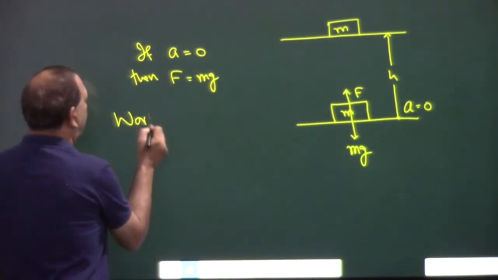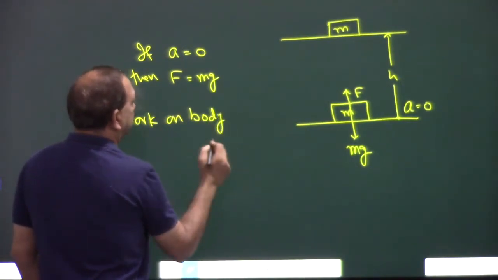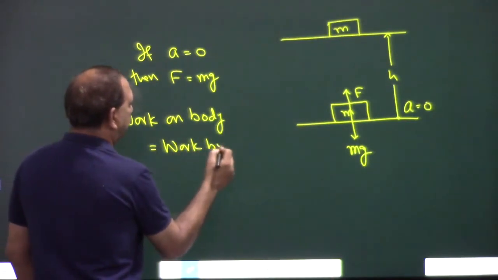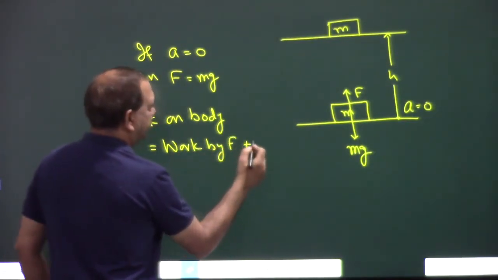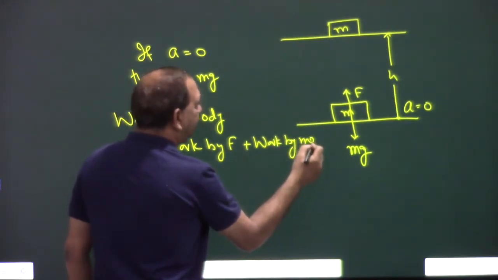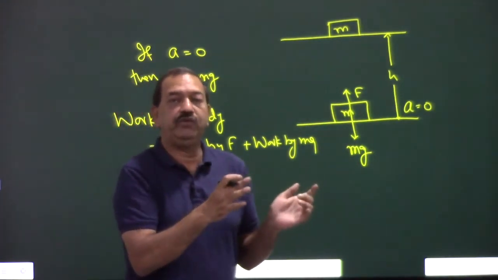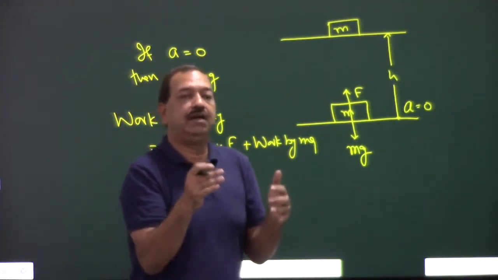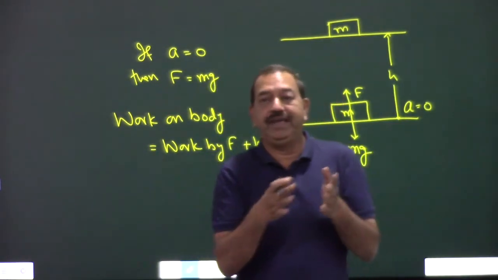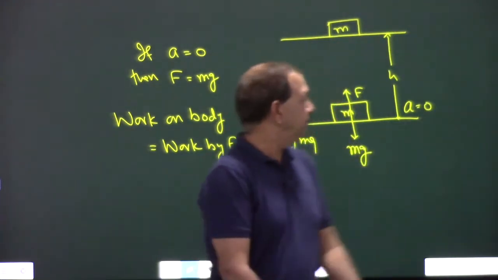Work on the body equals work by F plus work by mg, because there are two forces acting on the system. So both forces will do work. So when we talk about work done on a body, it means work done by all the forces acting on the body.